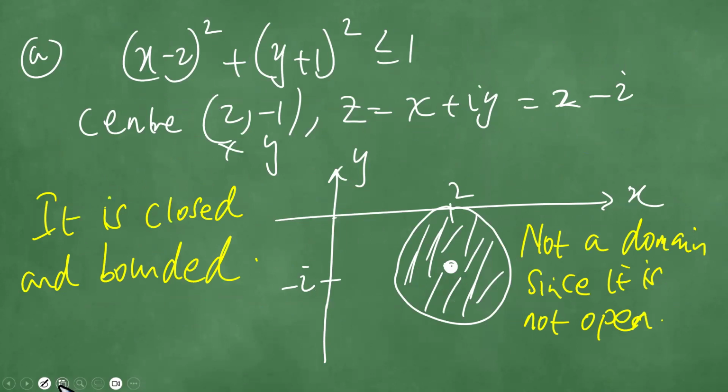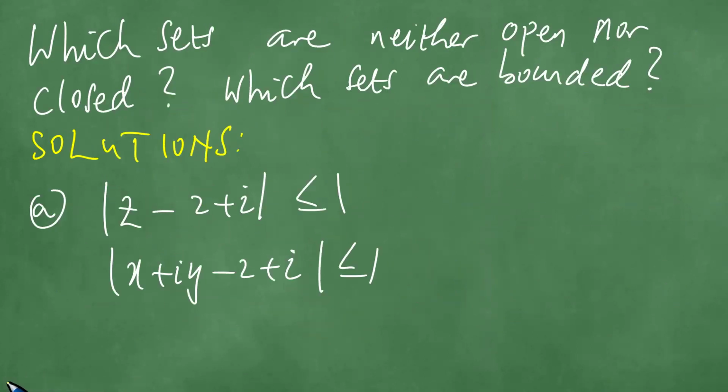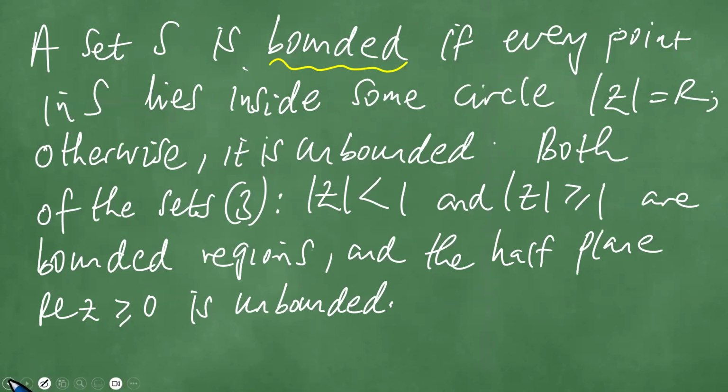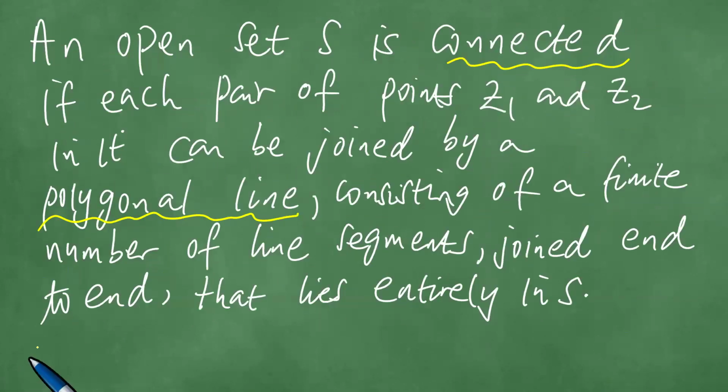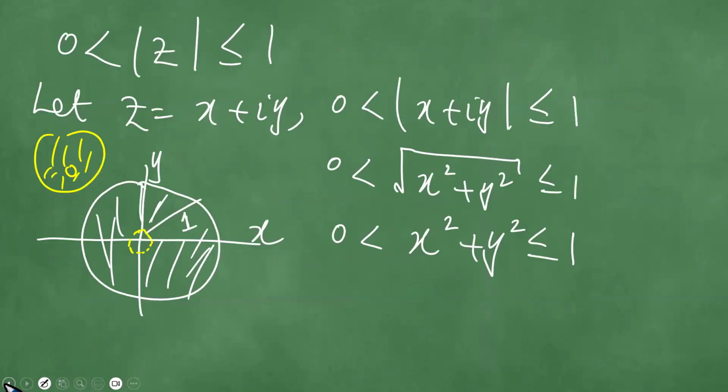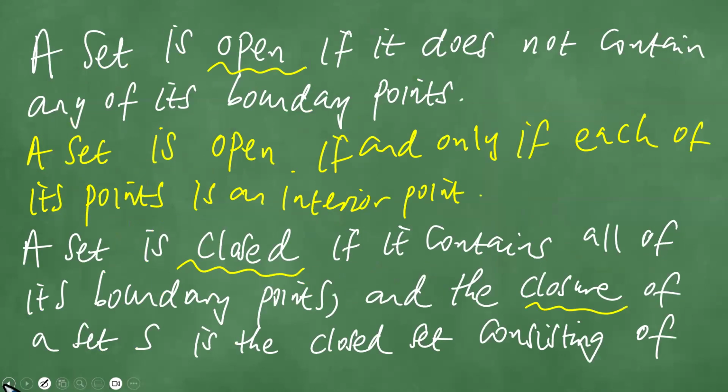Right, then we defined an open set. And to recap very quickly, in our description of an open set, we said a set is open if it does not contain any of its boundary points.